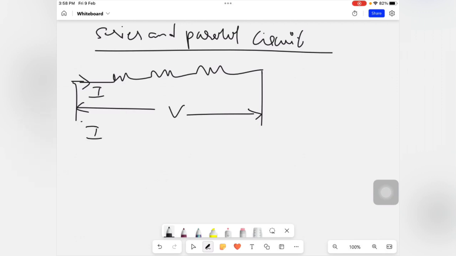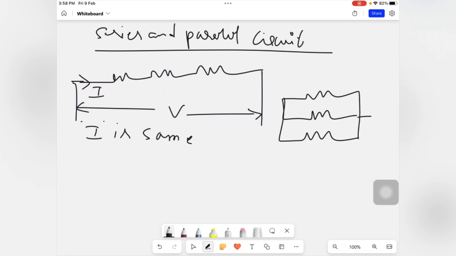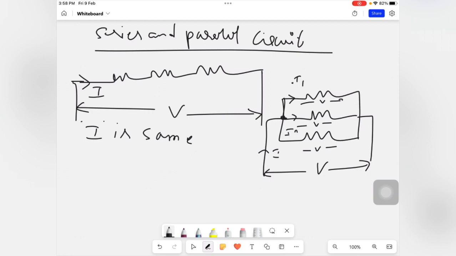The current I is the same throughout the circuit, whereas when connected in parallel, the voltage across each branch remains the same, while the current I gets divided at the node into I1, I2 and I3.